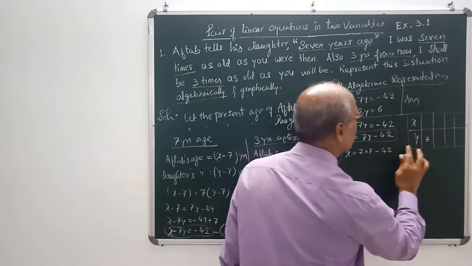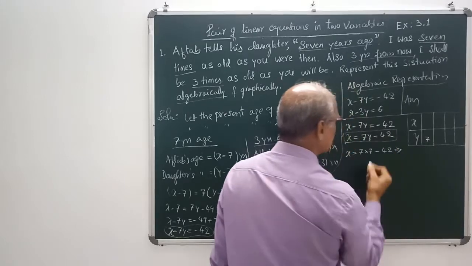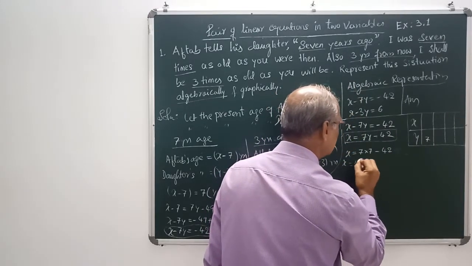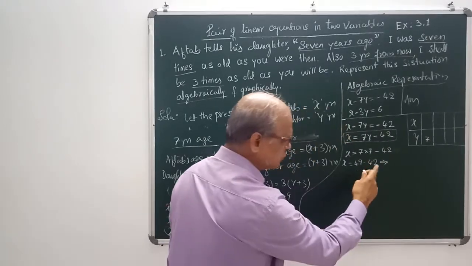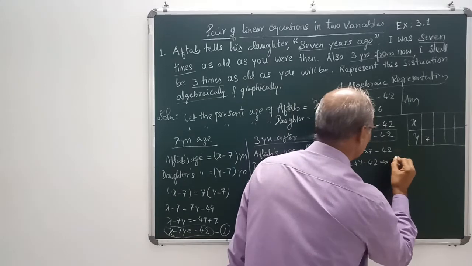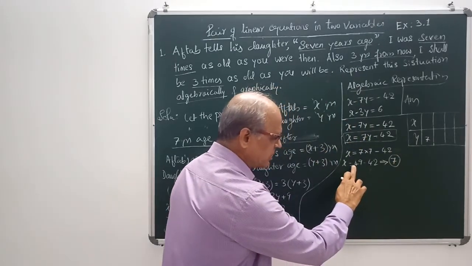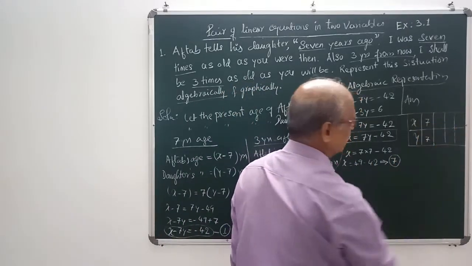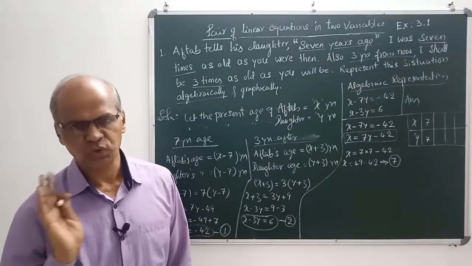In that case, what will be our answer? x is equal to 49 minus 42, which is 7. That means the greater number has the positive sign, therefore the x value is also 7. Understood? y is also 7, x is also 7.